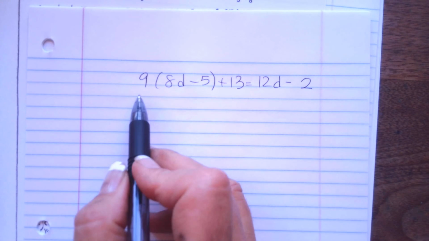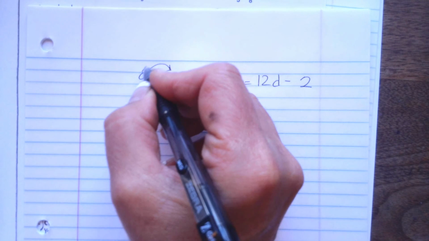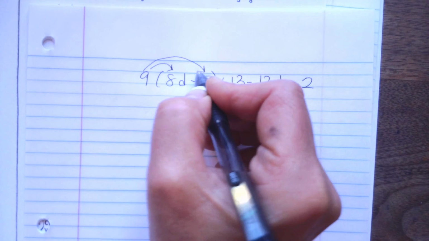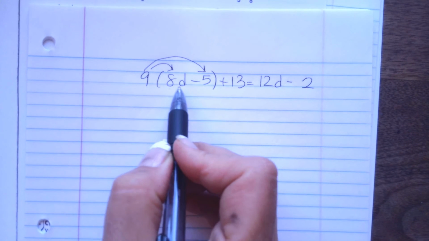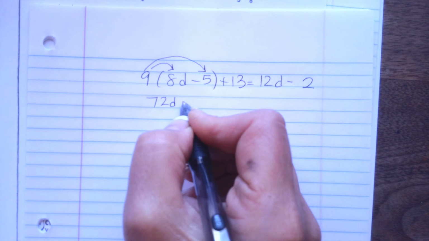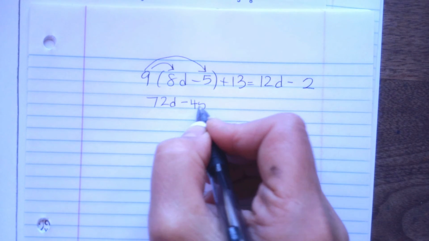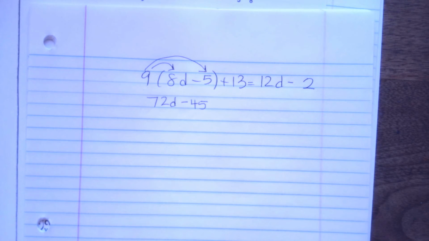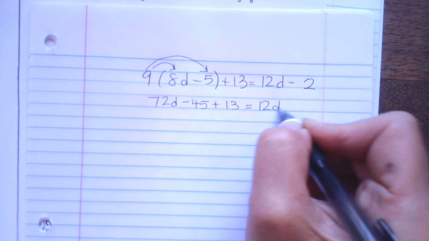So this 9 is touching the parentheses, so I have to distribute the 9 here and here. So I'm going to do 9 times 8D is 72D minus 9 times 5 is 45. Did you guys both get that? Yeah. Okay. And then we add in our plus 13 equals 12D minus 2.